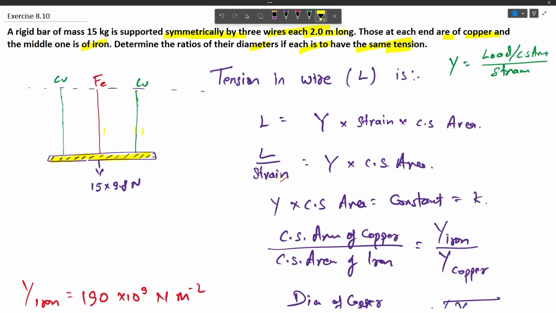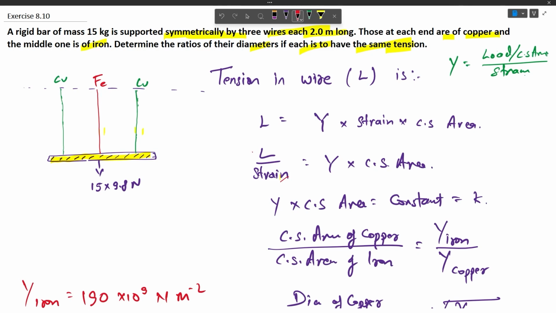So we can see here that the load and strain are not depending upon the material. In this case, the load borne by copper and iron is the same as given in the question. Also the load is being carried symmetrically, that means the strain in the wires is the same, that is the elongation in length is also the same in the different material wires.